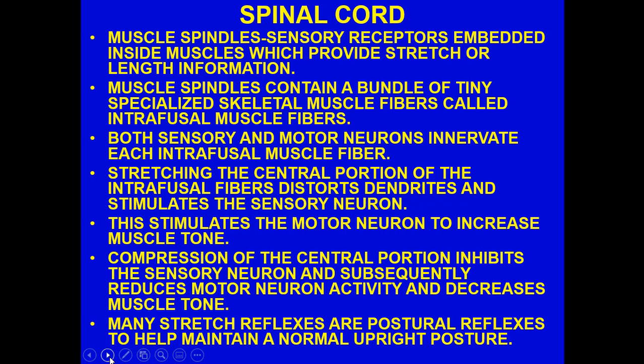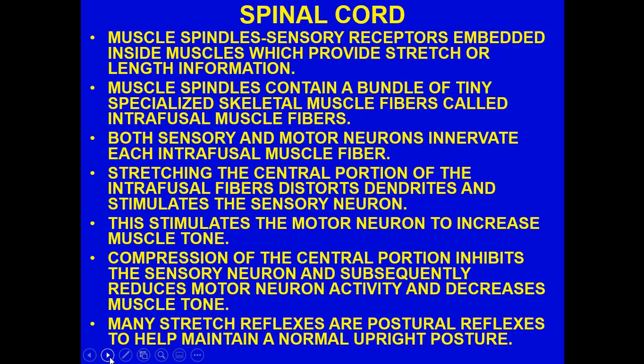Now, muscle spindles, as I mentioned, these are sensory receptors. They're embedded inside muscles, which provide stretch or length information. Muscle spindles contain a bundle of tiny specialized skeletal muscle fibers called intrafusal muscle fibers. Now, both sensory and motor neurons innervate each intrafusal muscle fiber.